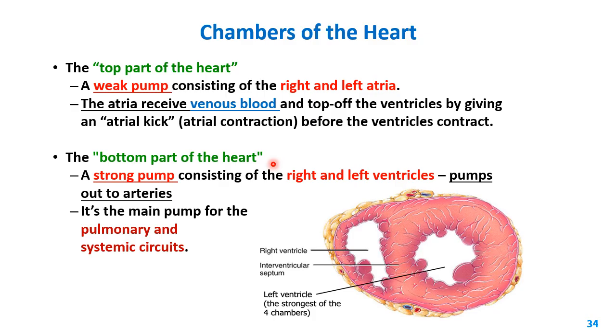Okay. So your bottom heart is actually your strong pump, and the bottom left is even stronger than the bottom right. Okay. So the right side of the heart, right ventricle, is going to coordinate blood to your pulmonary circulation, and the left side of the heart is going to circulate blood to your systemic circulation.